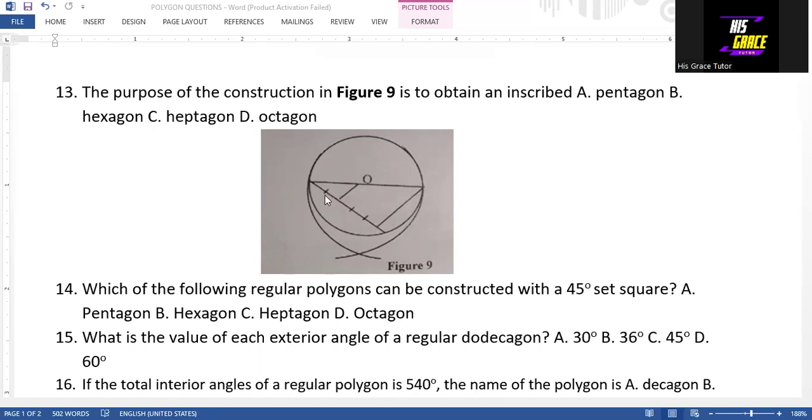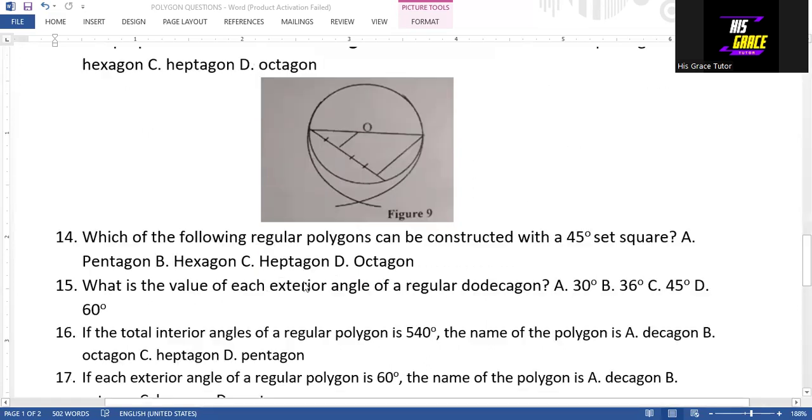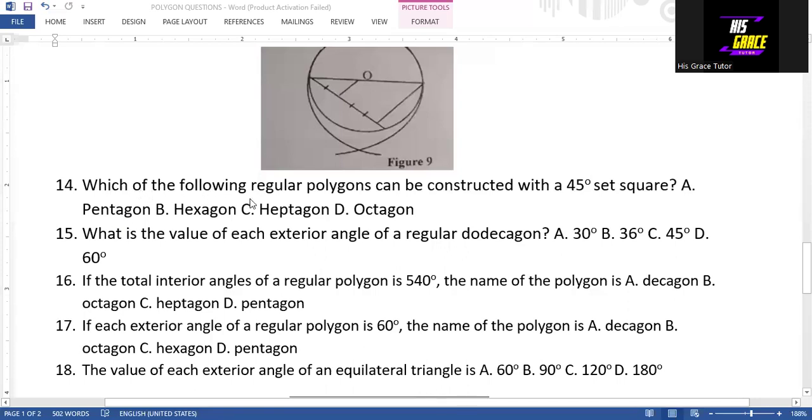So we have 1, 2, 3, 4, 5. Since we have 5 equal divisions on this line, the type of polygon that we have to inscribe in this circle is a pentagon. That's a 5-sided polygon.